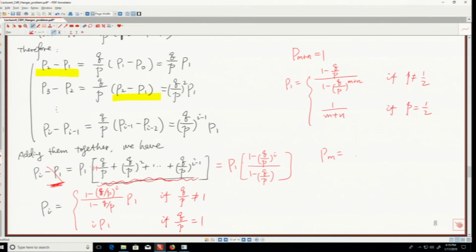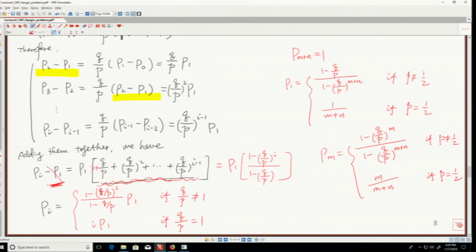Pm is you just use this times P1, which we have already got. So Pm equals 1 minus Q over P to the m over 1 minus Q over P to the m plus n, and m over m plus n, if P does not equal 1/2, and if P equals 1/2 respectively.